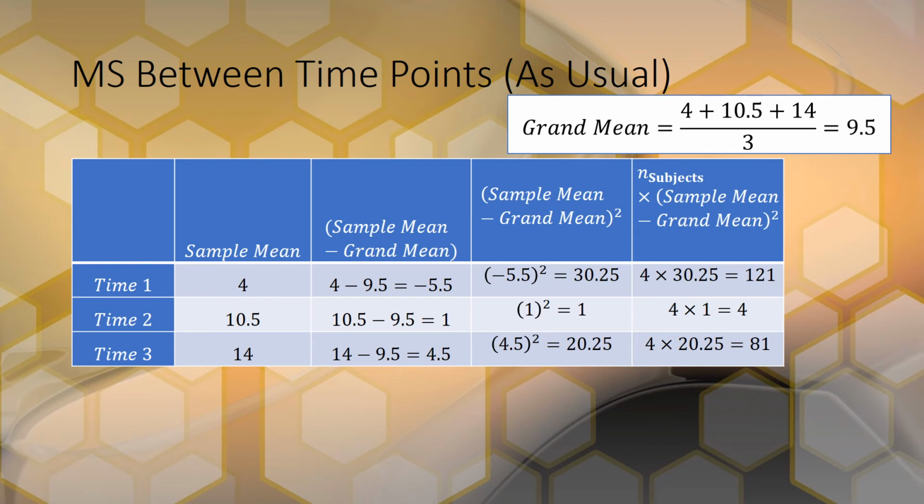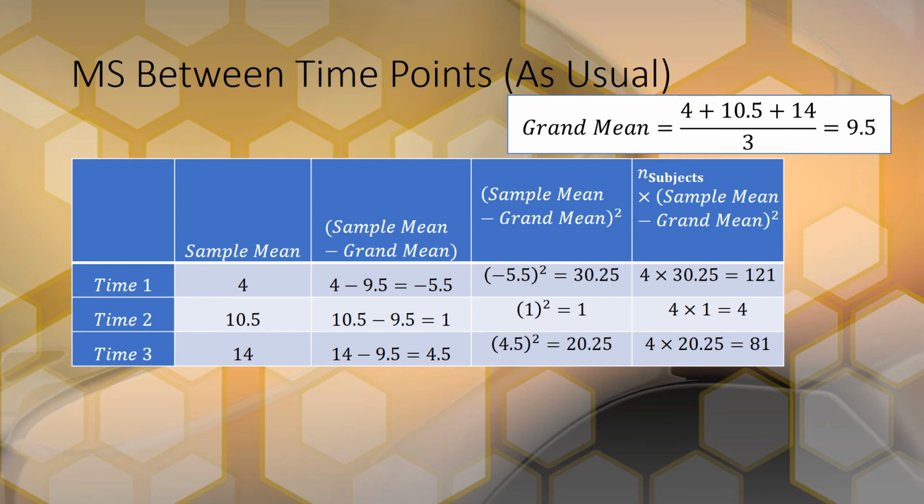This step's important. So remember before I said there were 12 observations. So what you're really doing is doing this for each of the observations. You're taking the sample mean that observation was used to calculate. So you have each time point and you have 4 observations, so they're grouped by time point.